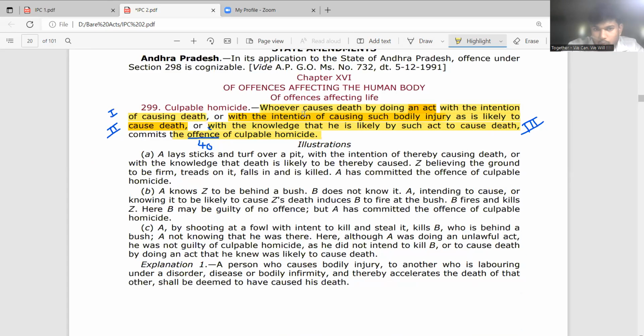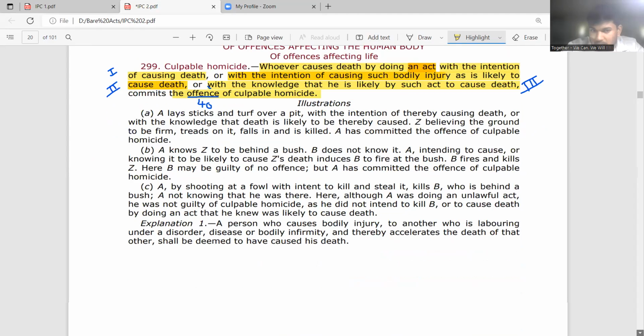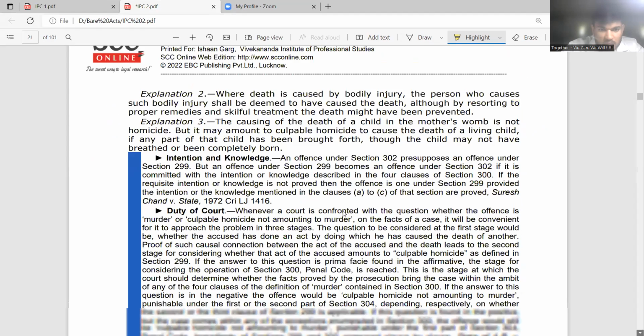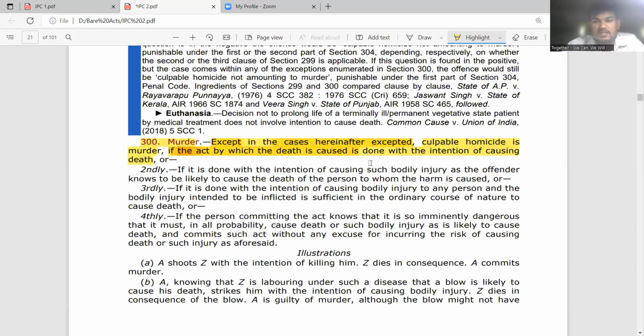Here it was mentioned whoever causes death by doing an act. And in section 300, they have mentioned by doing the act. Culpable homicide is murder if the act by which death is caused is done with the intention of causing death.